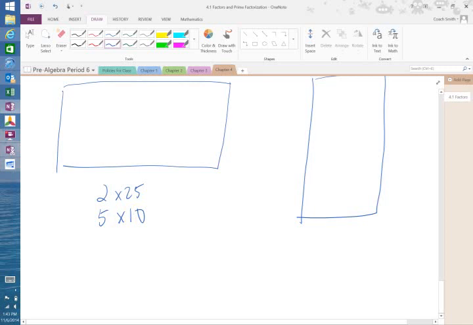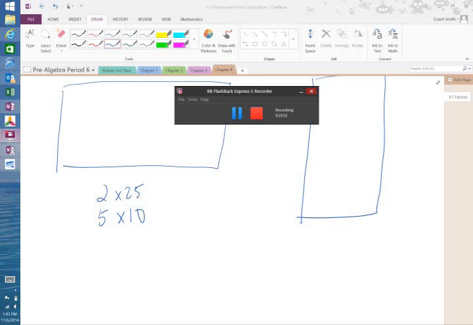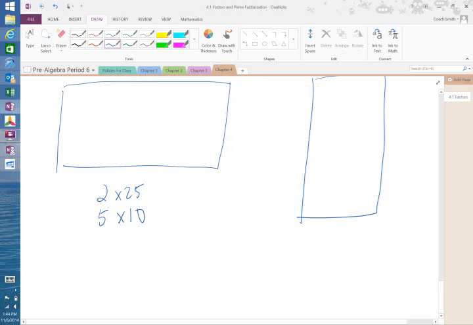Hey, what's another one? What about 25 rows of 2? No, 4.